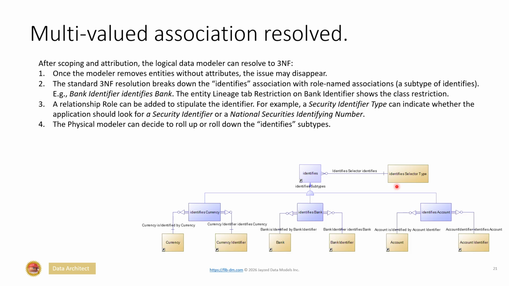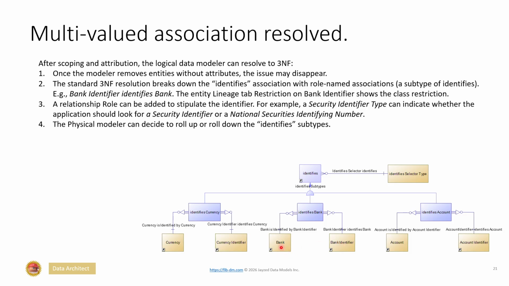You can create a selector type, and you can create subtypes that narrow down the allowable values and relations. So here, for instance, we can create a subtype identifies bank with a parent bank identifier and the child bank.